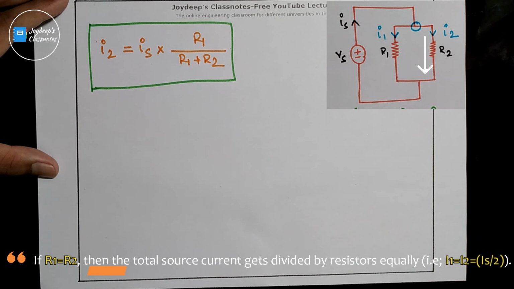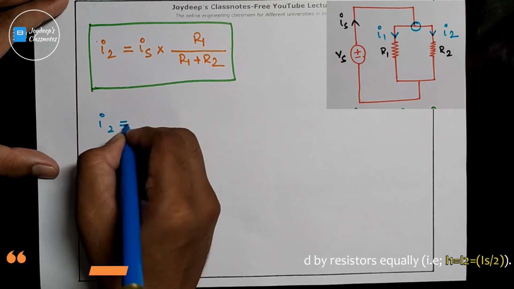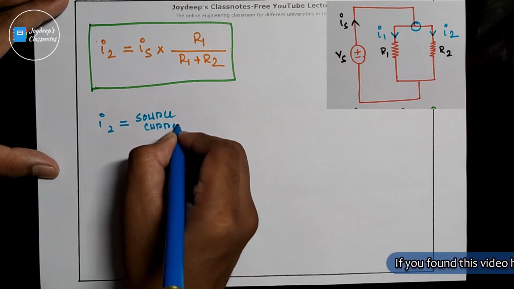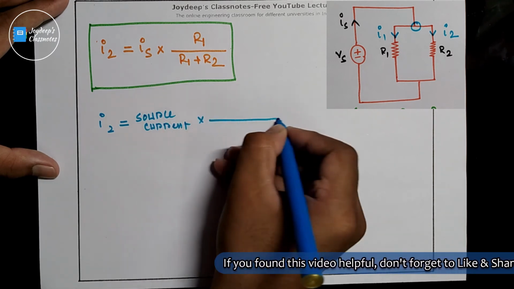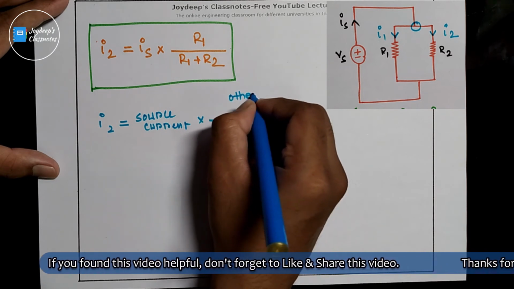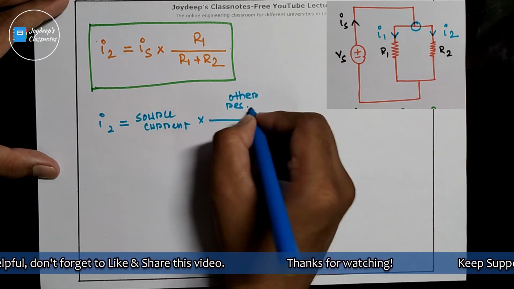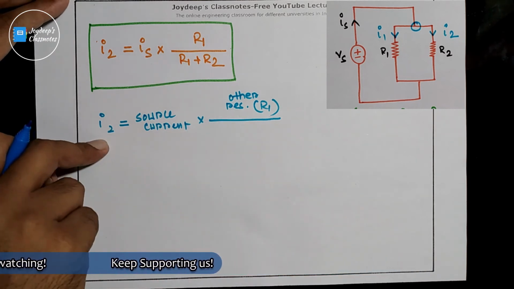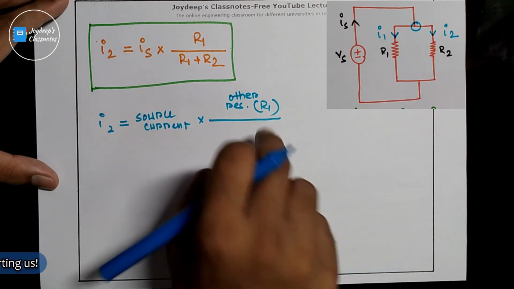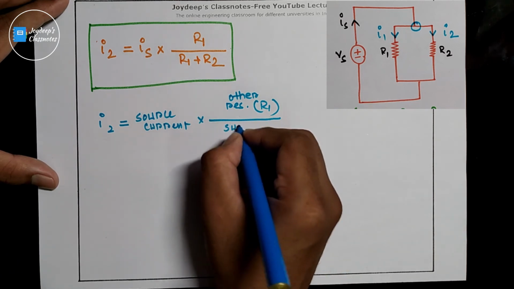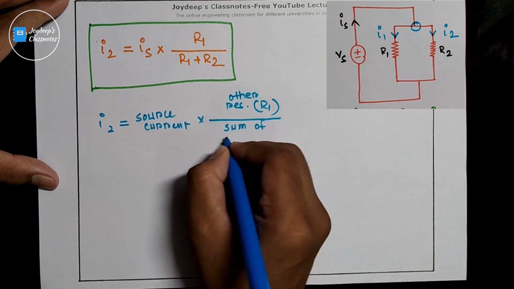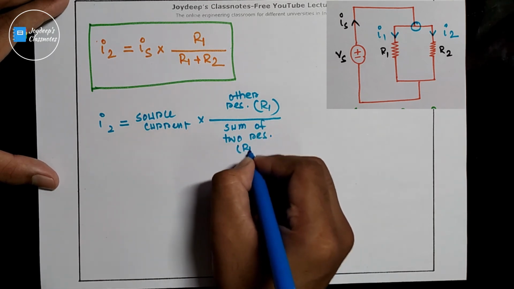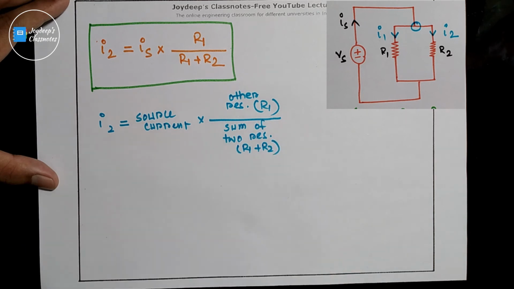Clear? So I2 equals source current into the other resistance, that means R1. Why the other resistance? Since we are finding I2, we say the other resistance, that means R1, divided by the sum of the two resistances, R1 plus R2. Hope I am clear.